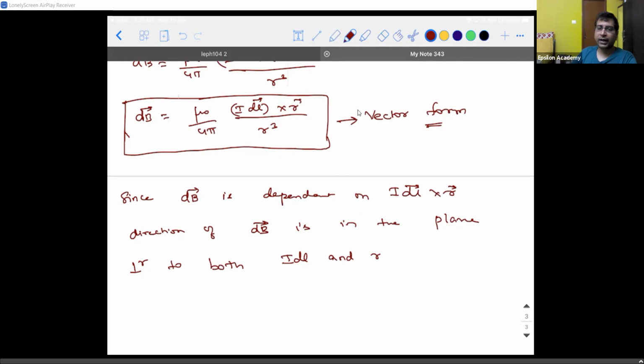For example, if I take Idl as A and r vector as B, then I need to curl the fingers of my right hand from A to B in the shortest direction possible. So when I do that, I will be getting the resultant of these two. Here, guys, please make a point.